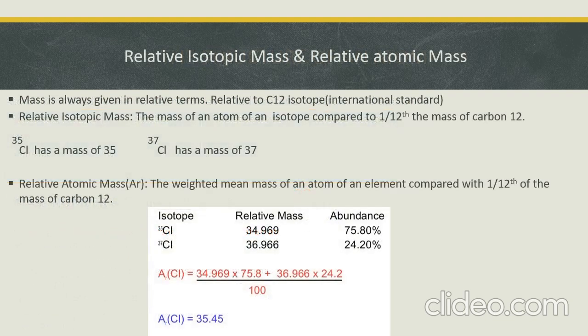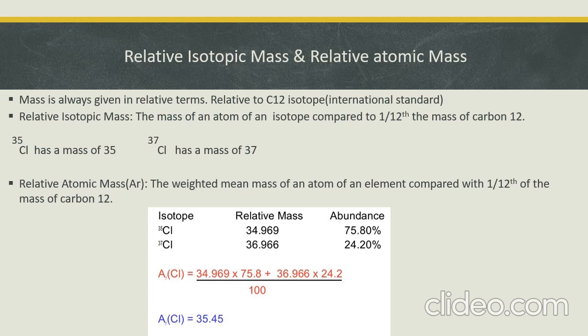In the exam, they might ask you to define relative isotopic mass, or they might ask you to define relative atomic mass. They might ask you both, so you don't know. One thing I want to say is that the mass is always given in relative terms. It's relative to the carbon-12 isotope. It's an international standard.